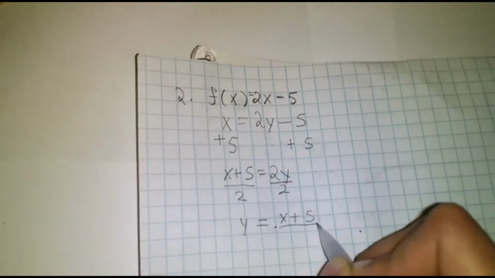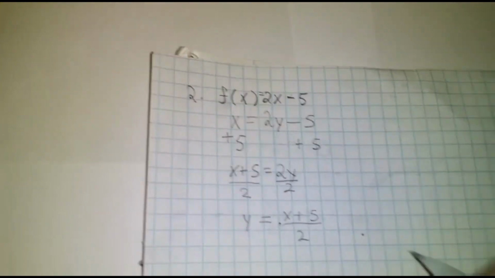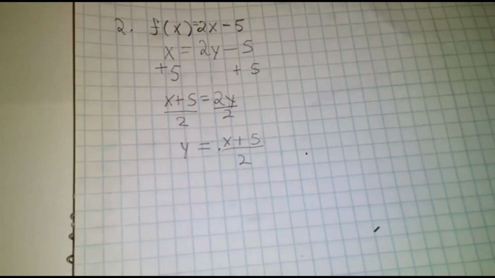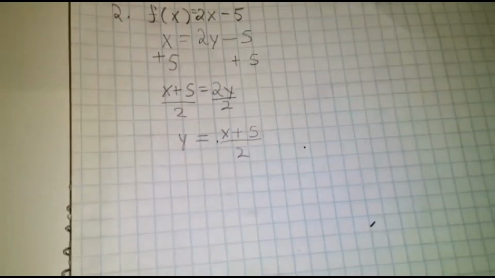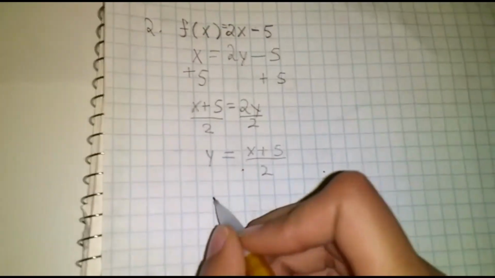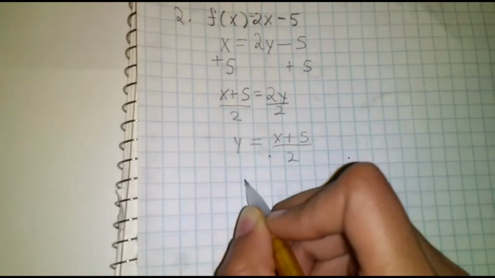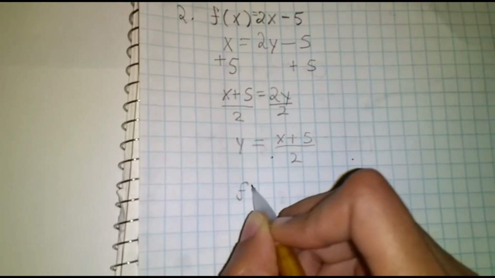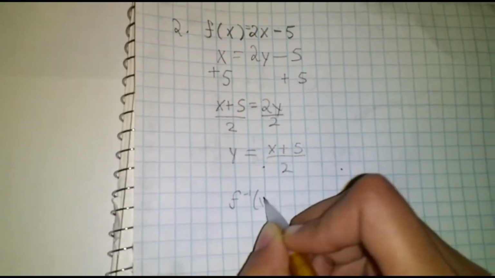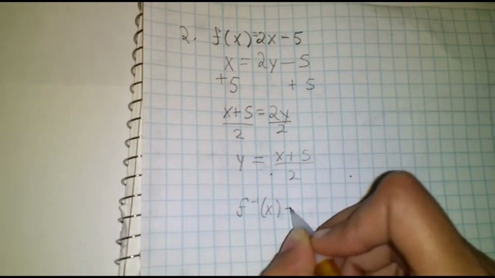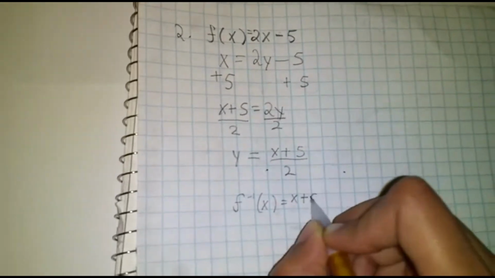And that gives you y equals x plus 5 over 2. Now, in order to find the inverse of this, you would switch the x and y values. So, f inverse of x equals x plus 5 over 2.